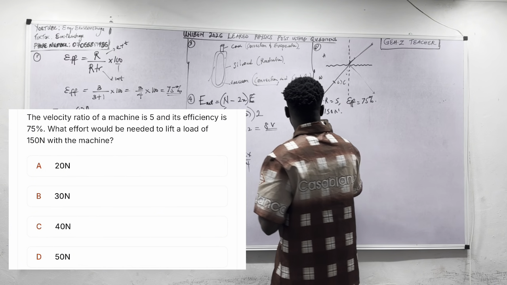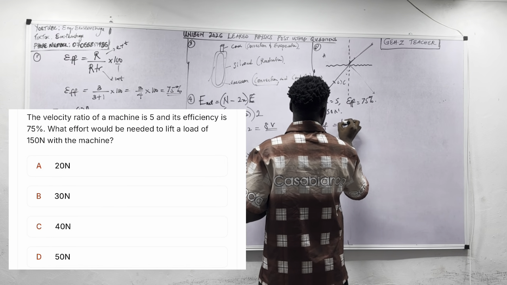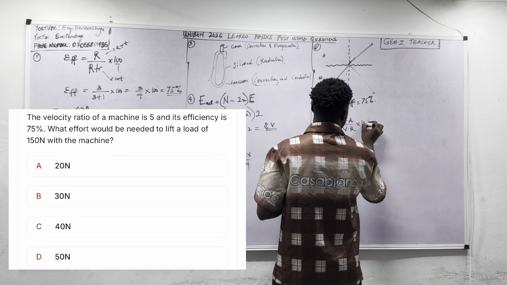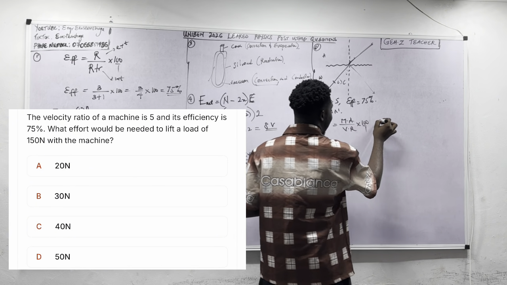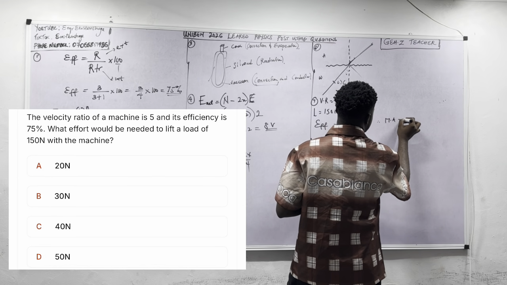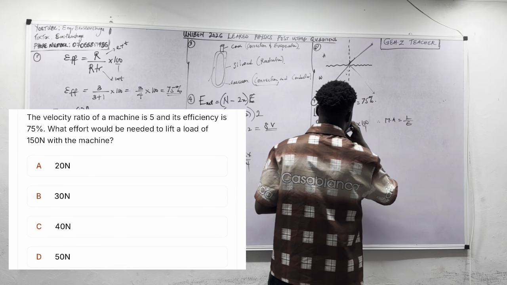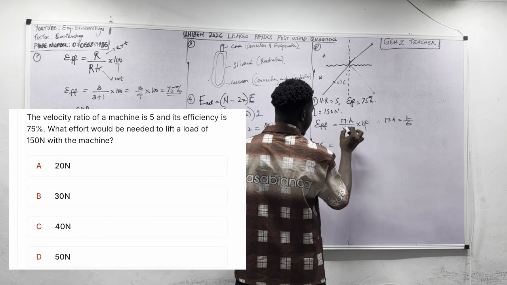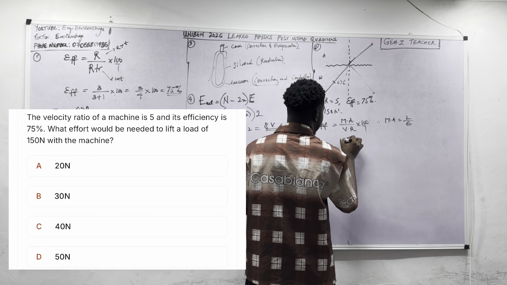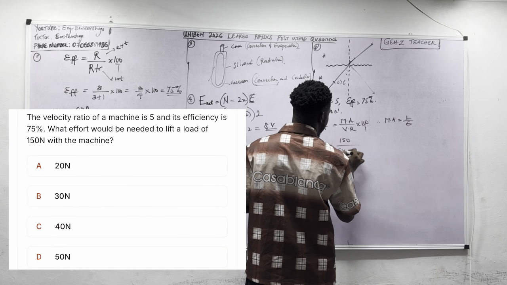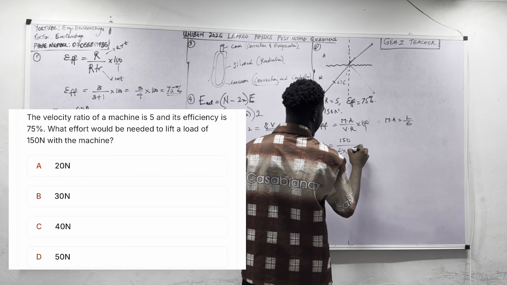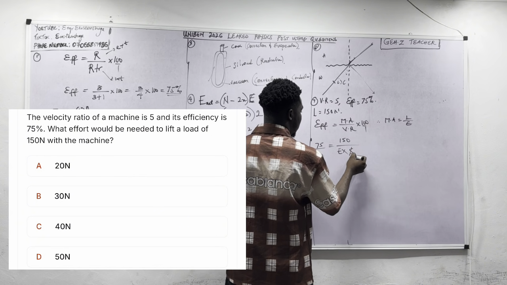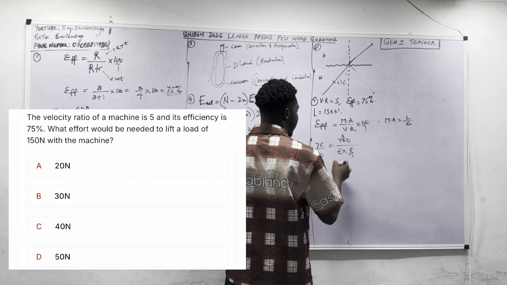Now recall, efficiency of the machine is mechanical advantage over velocity ratio times 100 over 1, and mechanical advantage equals load over effort. So we're going to say we have 75 here over 100, because the MA is load, the load is 150 over the effort, which is unknown. The velocity ratio was given as 5, and then we have this to simplify. So quickly, we can say 5 here, 1. 5 into 15 is 3. We have 30 over there.